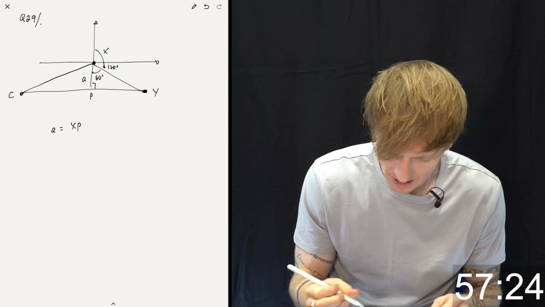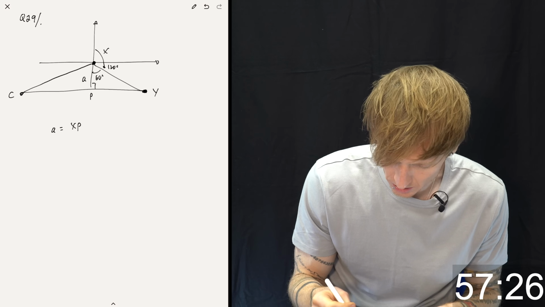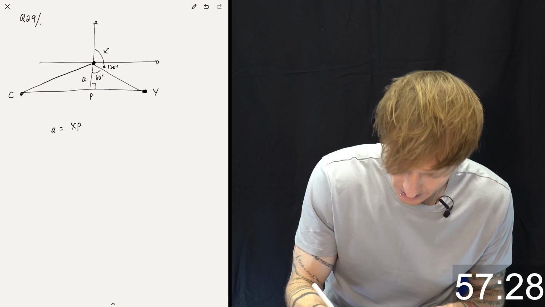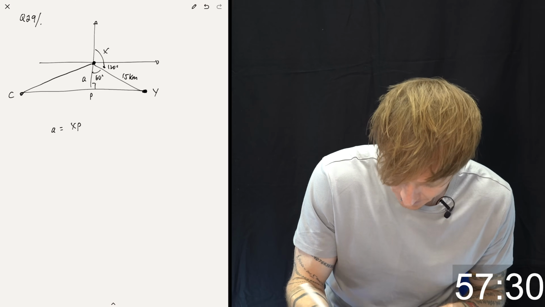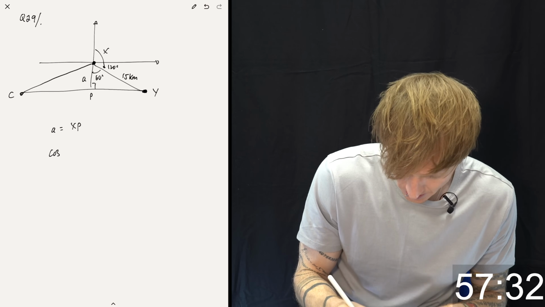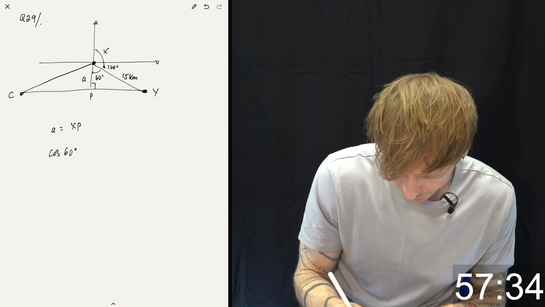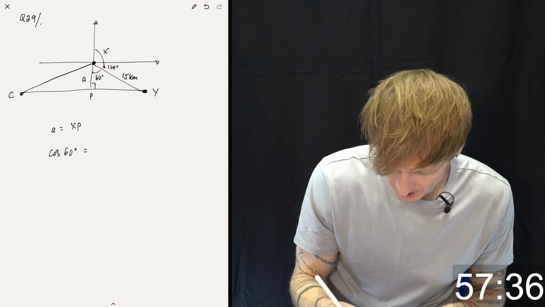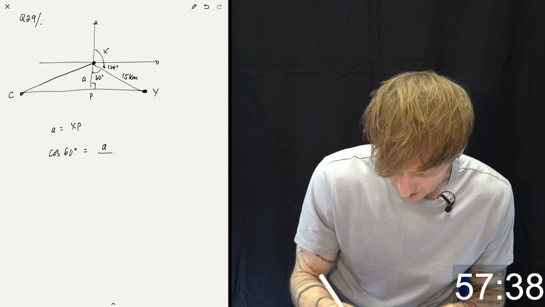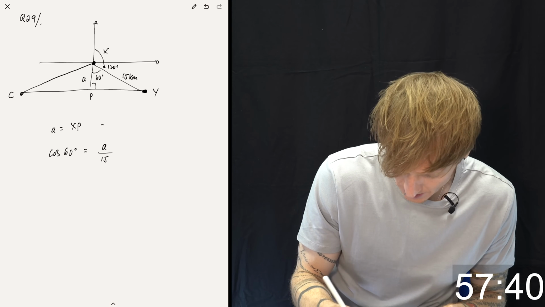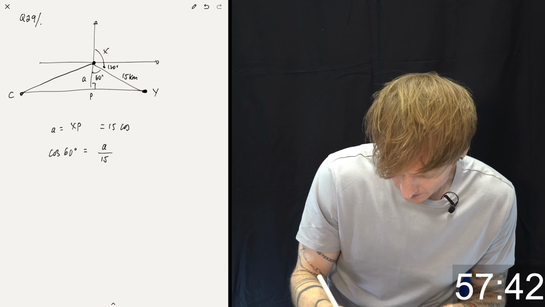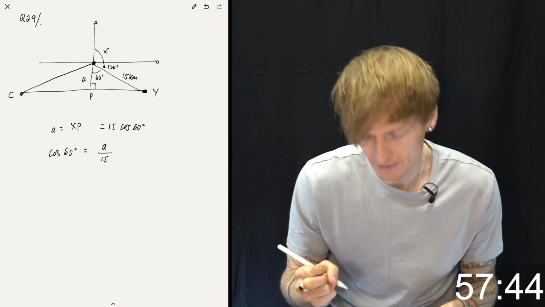And I know the length of something, don't I? Yes, the hypotenuse, 15 km. So I want cos of 60 degrees equals adjacent, which is unknown, divided by 15. So XP is 15 times cosine of 60 degrees.